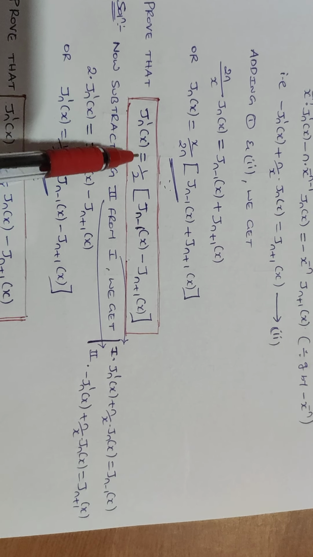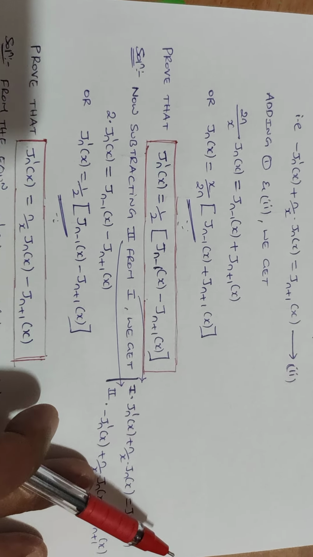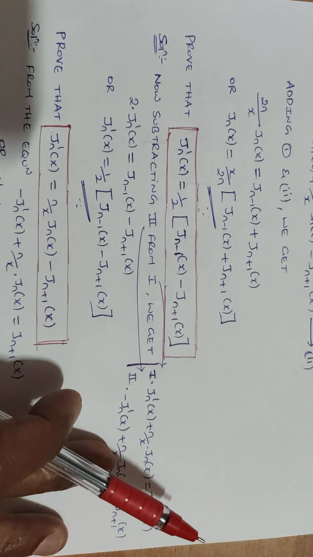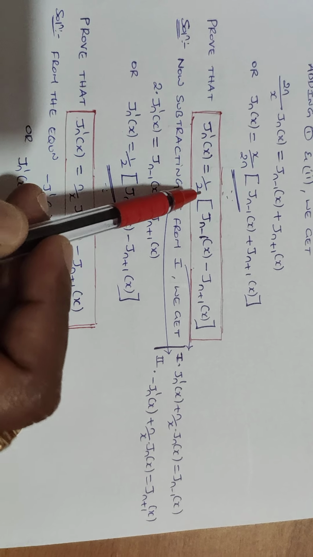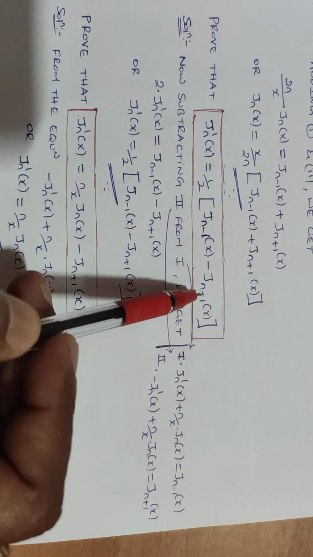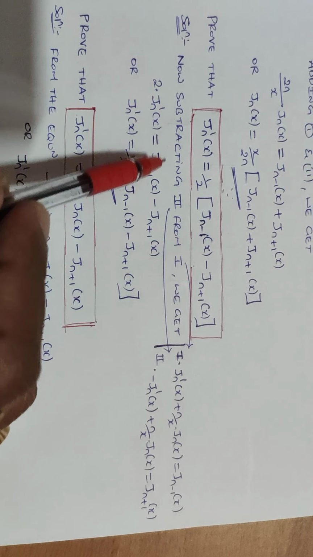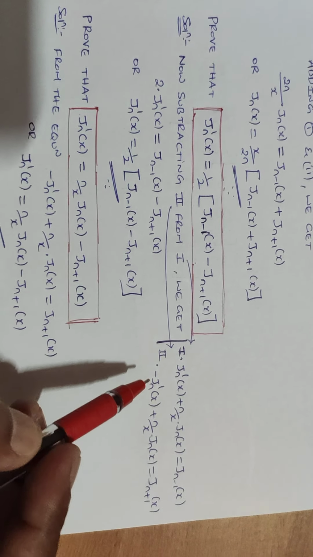Now to prove Jn dash of x is equal to half into Jn minus 1 of x minus Jn plus 1 of x. For proving this, we subtract equation 2 from 1. What is equation 2 here?